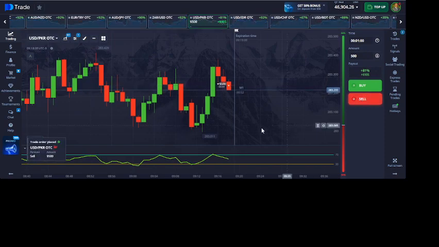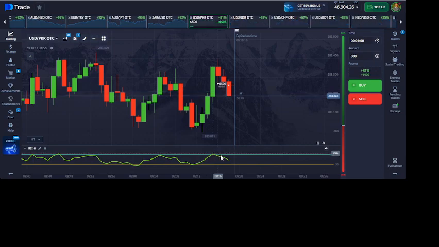All right, so I took the trade here. Waited for the candle to close here below the 70 line. It popped above the 70 line here for a second. Wasn't sure whether it was going to shoot back up, but once I realized there was this bearish momentum occurring here, I went ahead and took the sell trade right here.